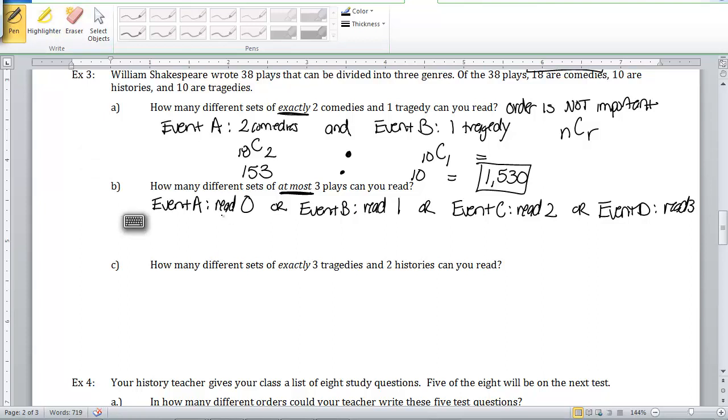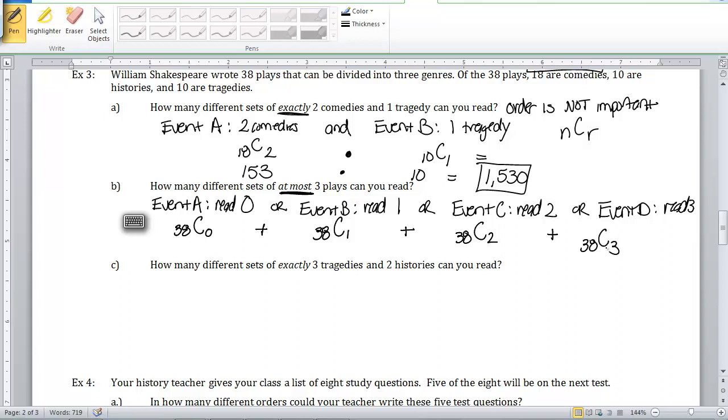For event A, I have 38 plays. I'd be choosing 0. Now, "or" means only one of these 4 events will happen. So I need to add to that event B. There's 38 plays. Maybe I would read 1. Add to that event C. 38 plays, read 2.